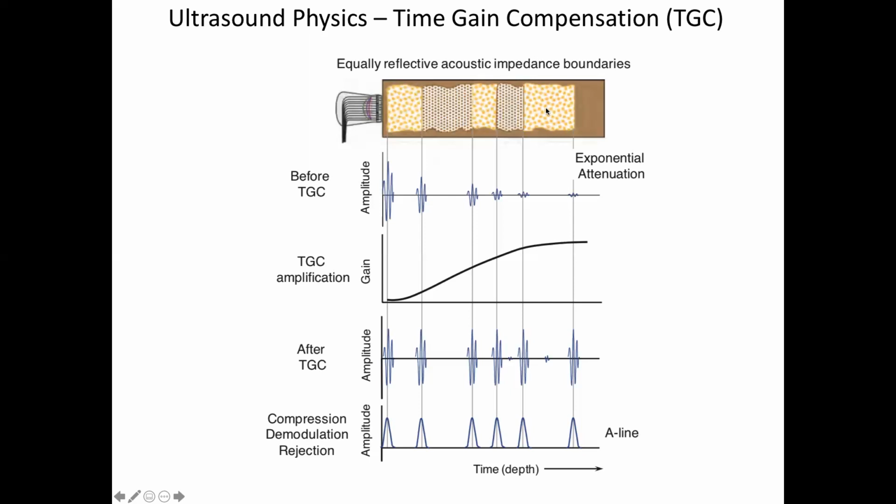Because that's characteristic of the transition between those two materials. Get it even, and then you demodulate the signal down to these, and that produces your A line, which is what we're going to use to make that B scan, which is what goes into the M mode, and then eventually the 2D image. Okay.